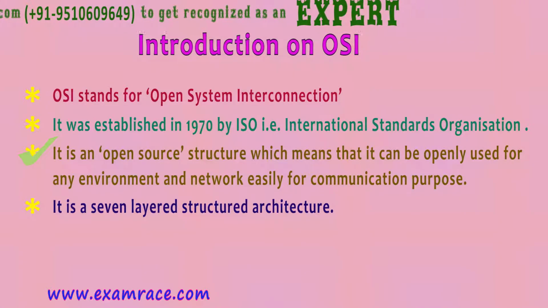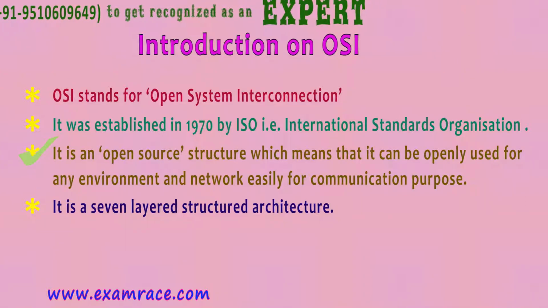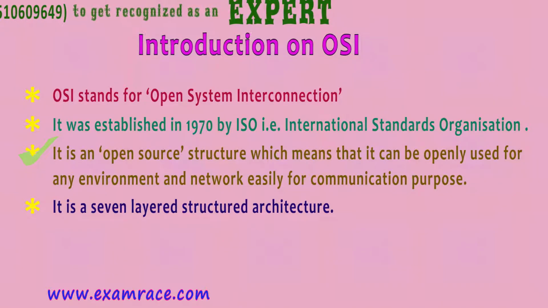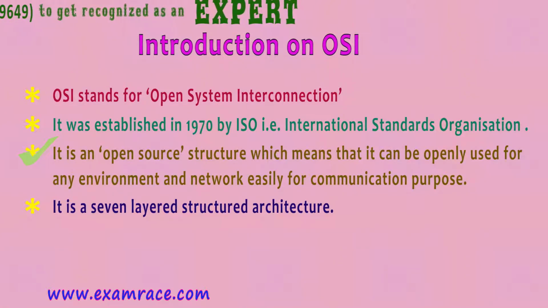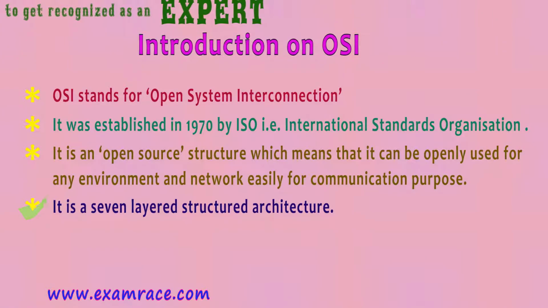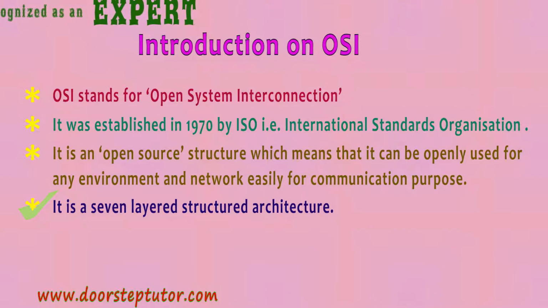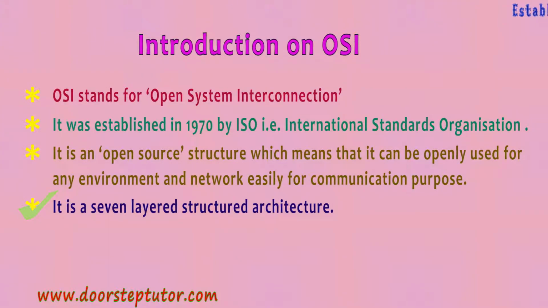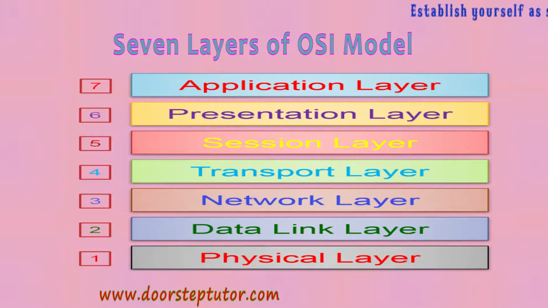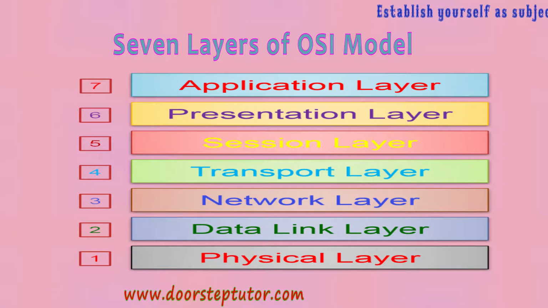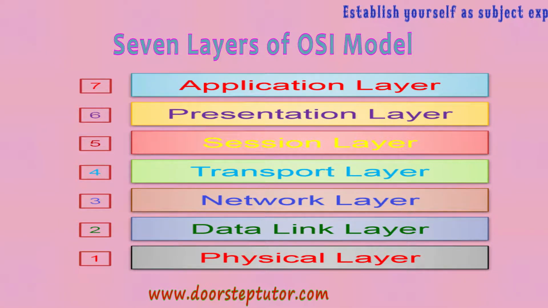In earlier days, the OSI model was referred to, but nowadays we are working on the TCP/IP model instead of OSI. The fourth point is that it is a 7-layered architecture. It means that the OSI model has 7 layers that work in a coordinated manner. So what are the 7 layers of the OSI model? Let's start from the bottom one.